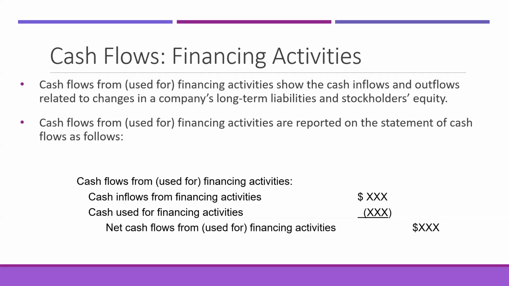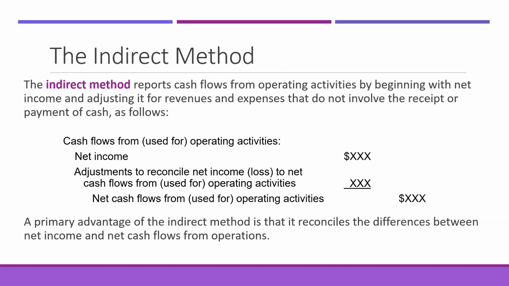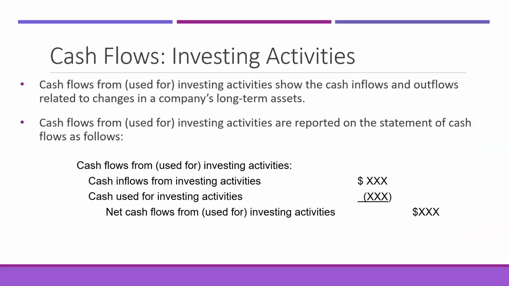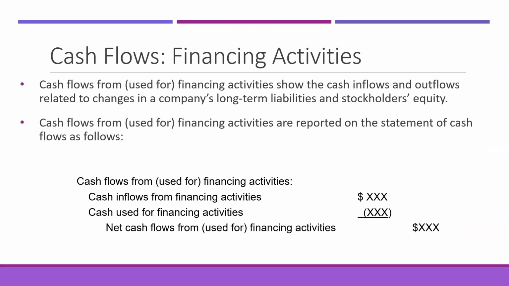If you remember Vail's financing activities section, the increases to cash were shown at the top, so the issuances of new debt were at the top. Then the repayments of debt, and the payments of dividends and share buybacks are more at the bottom. And then we have net cash flows from or used for financing activities.